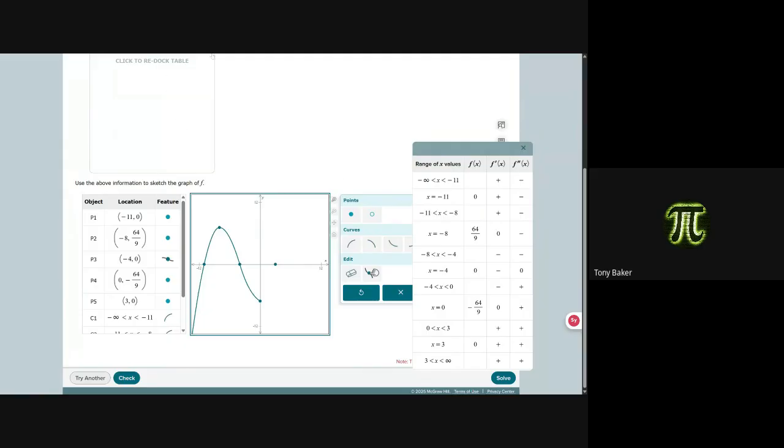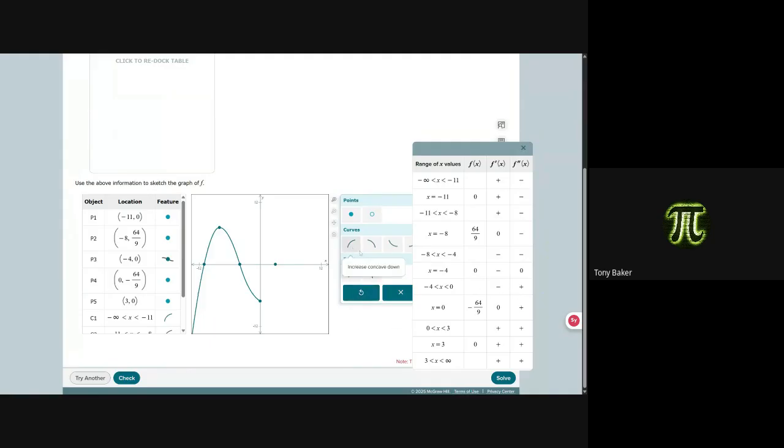Next one is, where was I? This one. Decreasing concave up. No. What is that? Negative 4 to 0. Oh, concave up. Hold on.